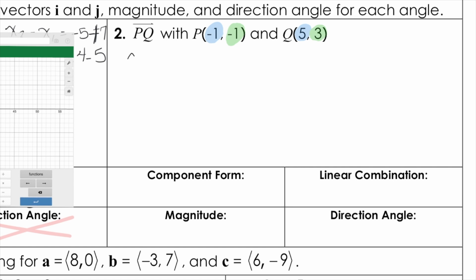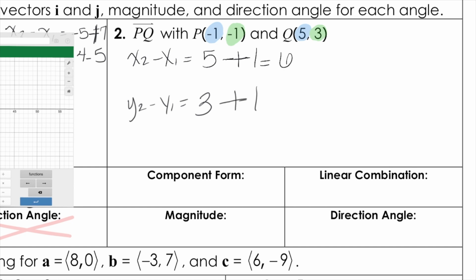So my x2 and my x1, my y2 and my y1, so finding the distance between those. So my x2, which is my terminal point, is 5 minus where I started, and for my y's is 3 minus -1. Two negatives make a positive. So my x had a movement of 6 and my y had a movement of 4.